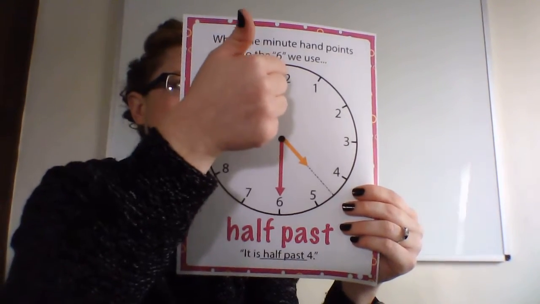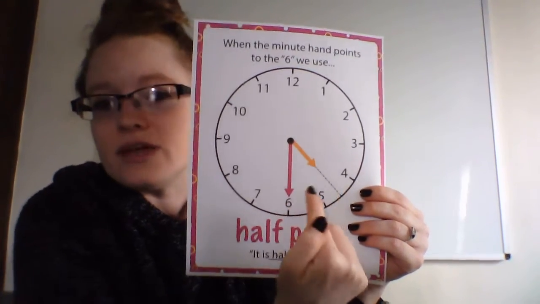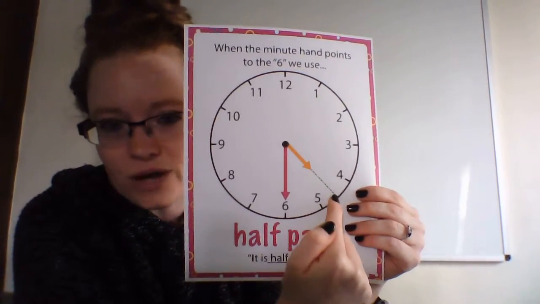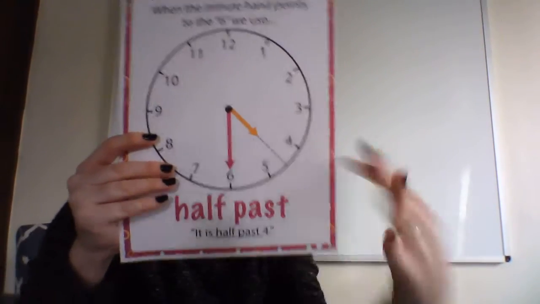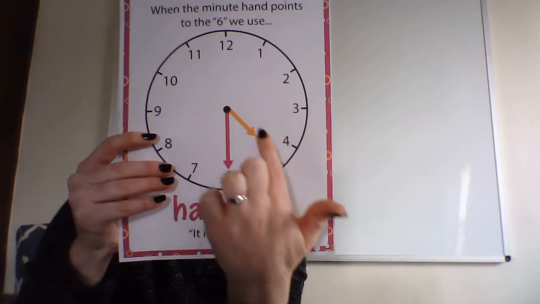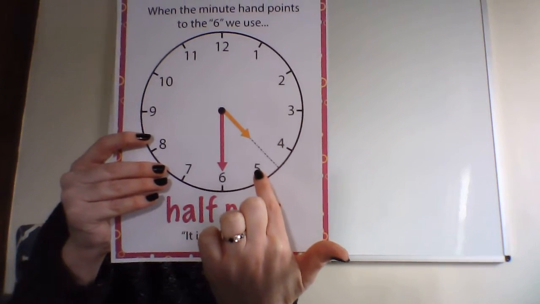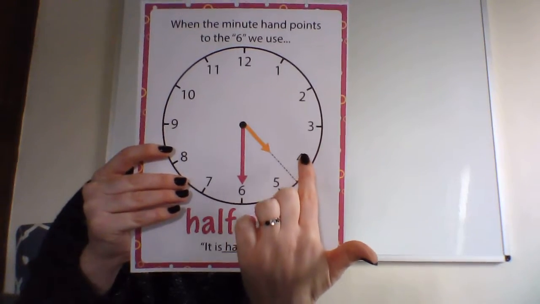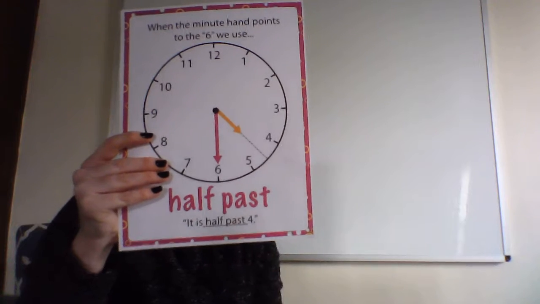Because the minute hand has gone halfway around the clock, our hour hand has to go halfway in between the 2 hours. So it's halfway in between the 4 and the 5. Since it's halfway in between the 4 and the 5, it is still 4 because it hasn't made it to the 5 yet. So now this says it is 4:30, or it is half past 4.